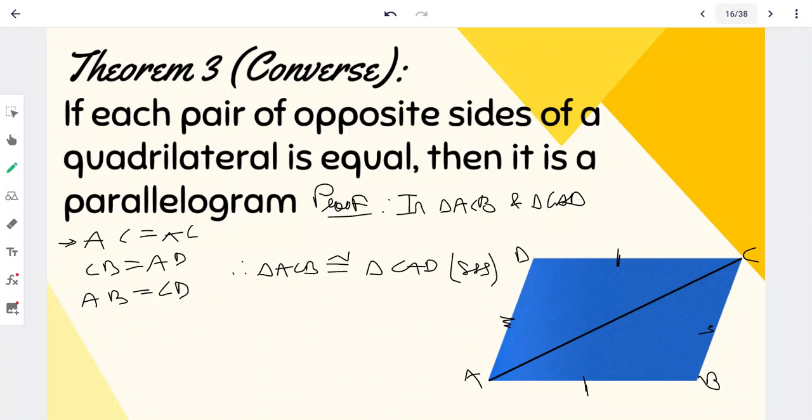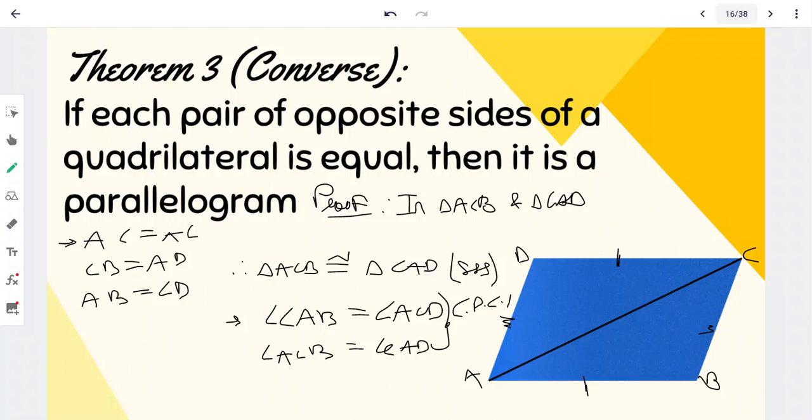Done. Now, with that, can I say that angle CAB is equal to angle ACD? Yes, I can say that. And angle ACB is equal to angle CAD by CPCT. These two pairs of angles are equal by CPCT.